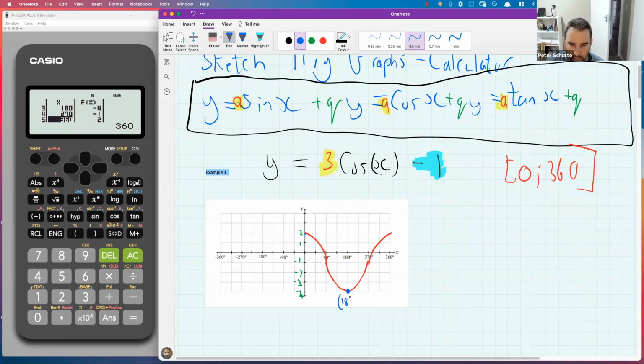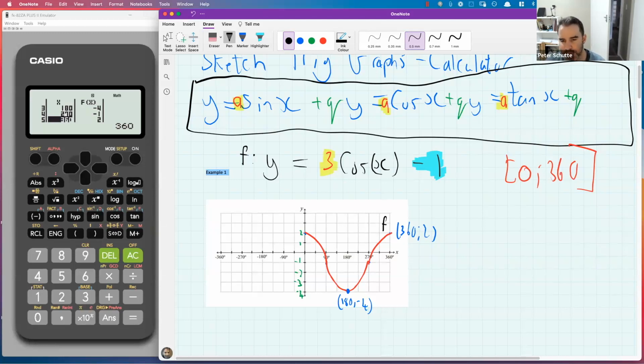So that would be 180, minus 4. We label the end point. So that's 360, minus 2. And we should also label the graph. So in this case, let's call this graph f. So then it'll be the graph f. And so this is a graph that has both its amplitude changed and it's been shifted down by 1 unit. And this is how we would draw it.